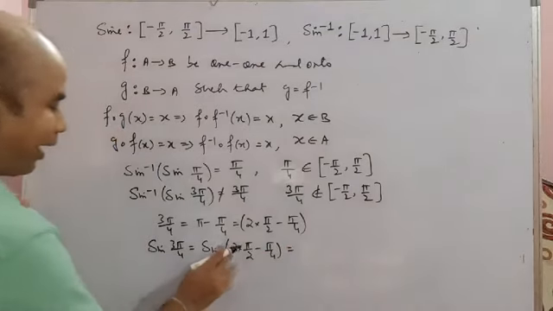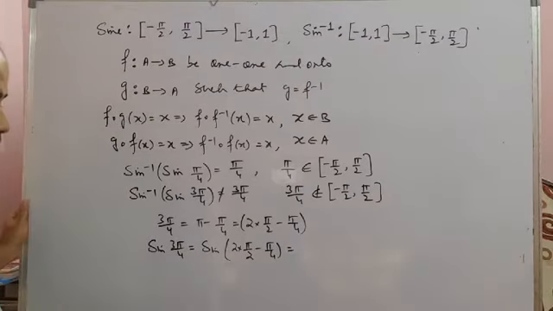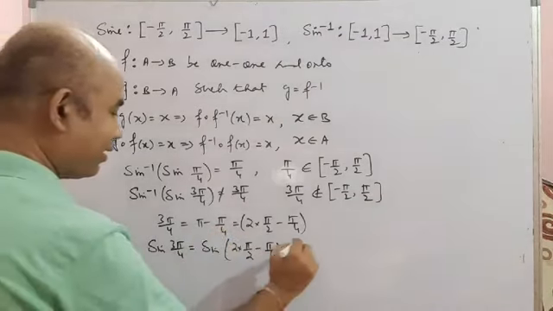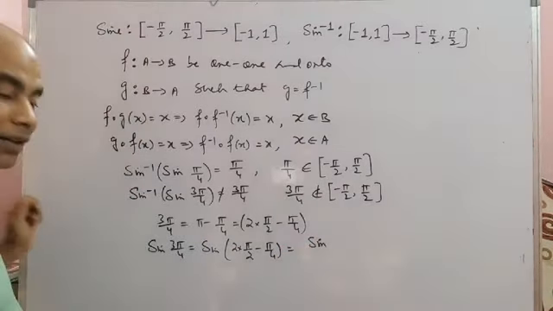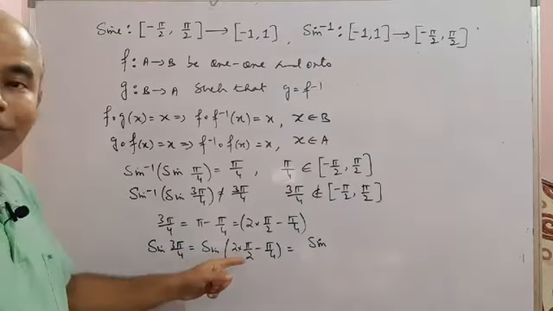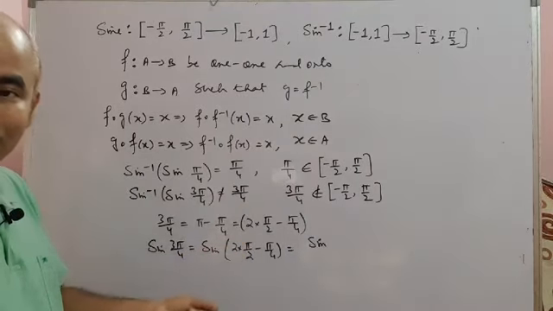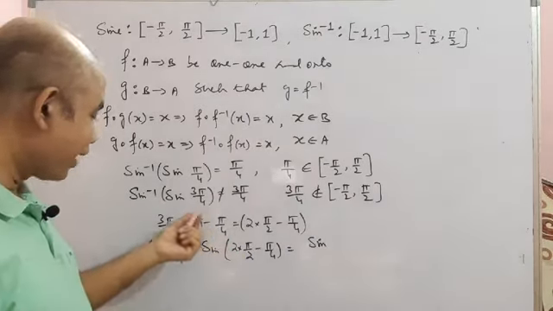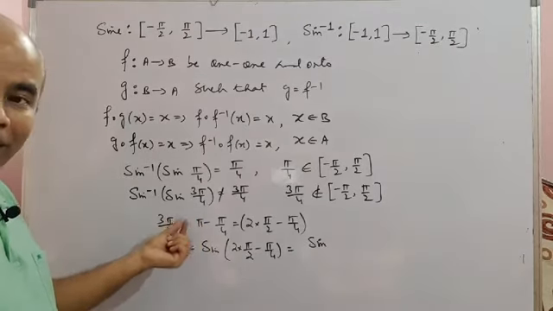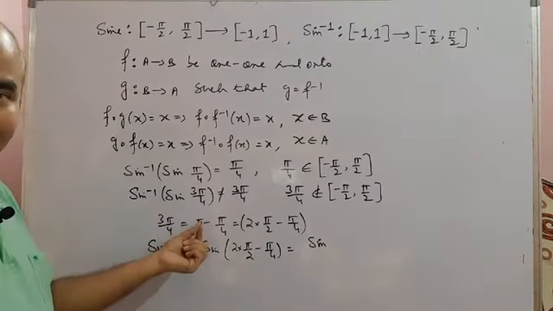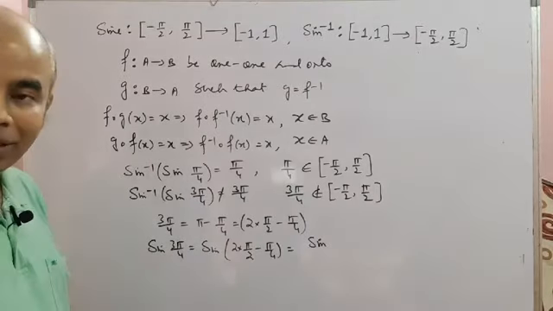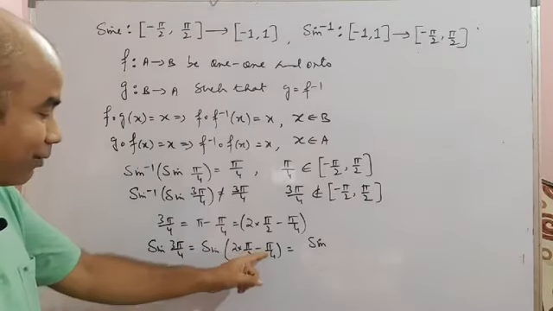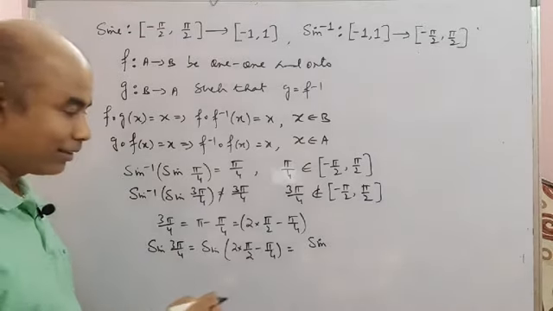Now, as it is an even multiple of π/2 or a multiple of π, the function will remain the same. But if it is an odd multiple of π/2, then the function changes to its co-function. That's why we try to write our given angle as a multiple of π, because a multiple of π means an even multiple of π/2 plus or minus an acute angle. The next angle will be whichever you have subtracted or added, that means π/4.